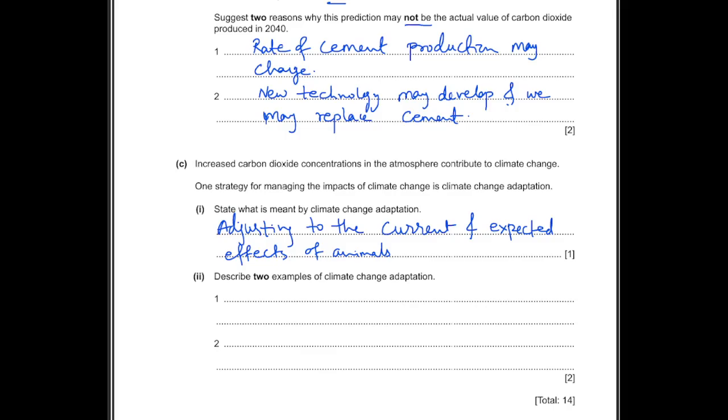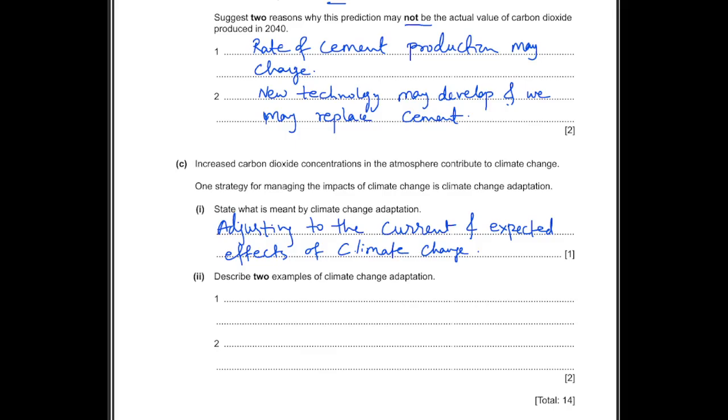Oh, adjusting to the current and expected effects of climate. Use the word climate change. Okay, adjusting to the current and expected effects of climate change is basically climate change adaptation, or adjusting or altering or behavioral changes to the climate change.